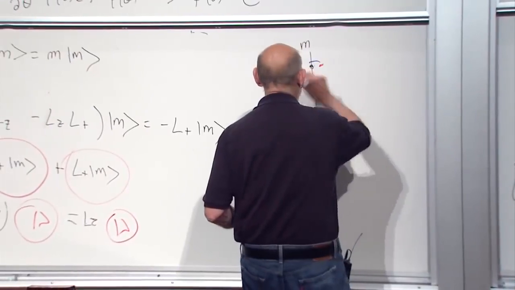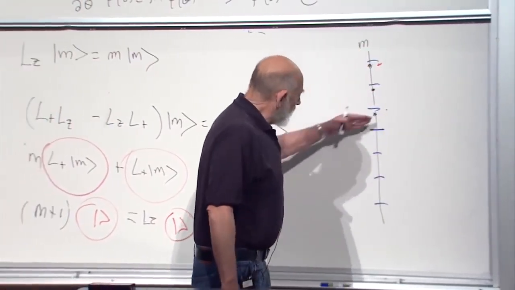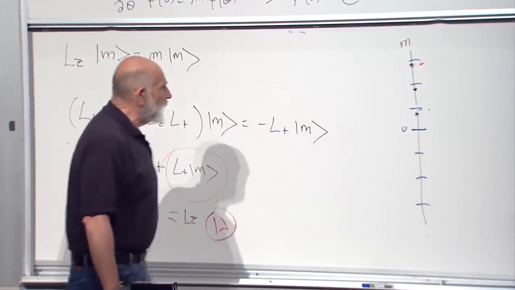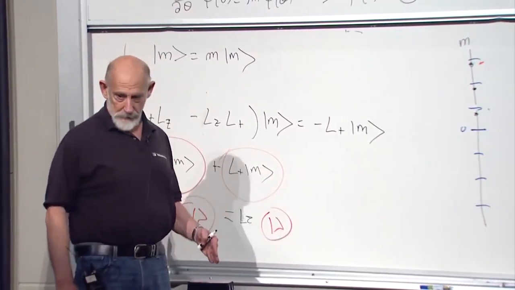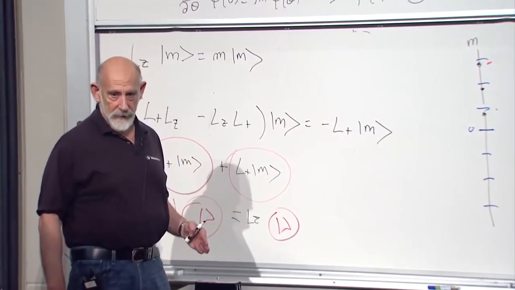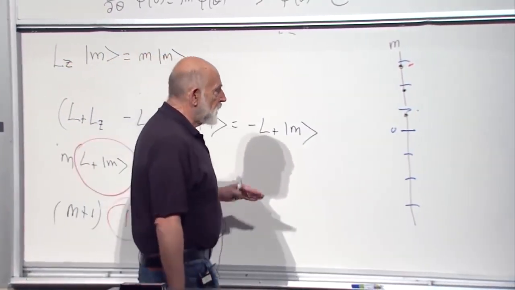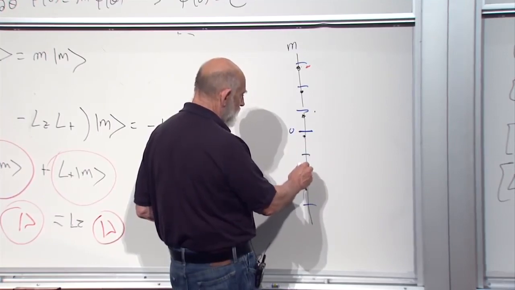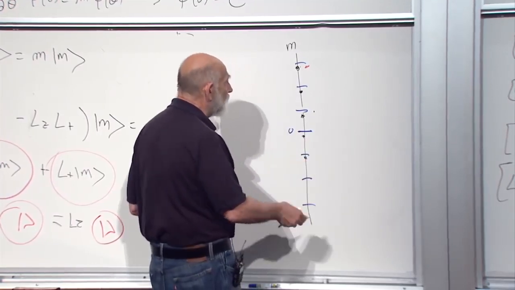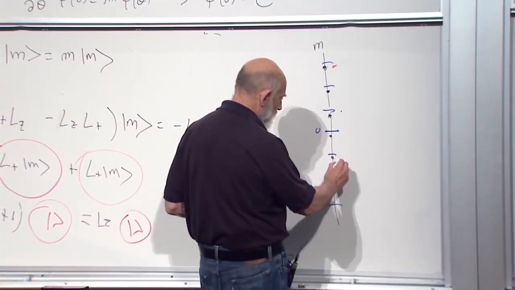Let's say it terminates here. And by the same logic, it could terminate from below if L minus killed the vector. So we will generate a family which may or may not also terminate somewhere.